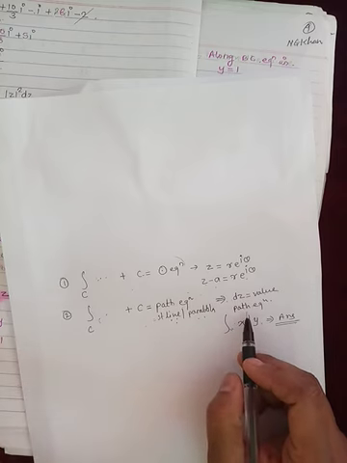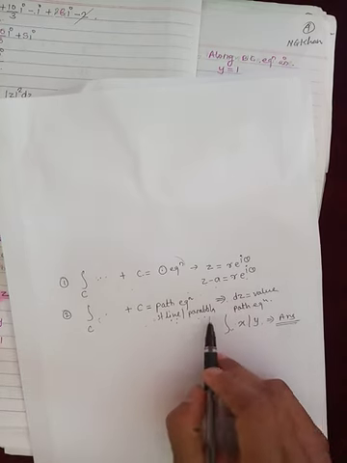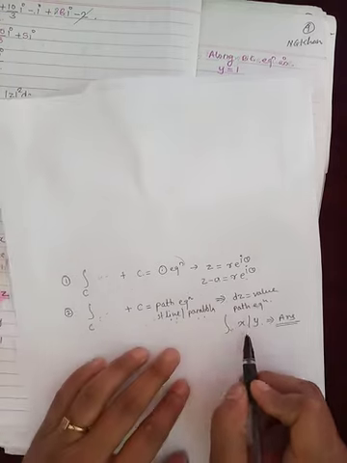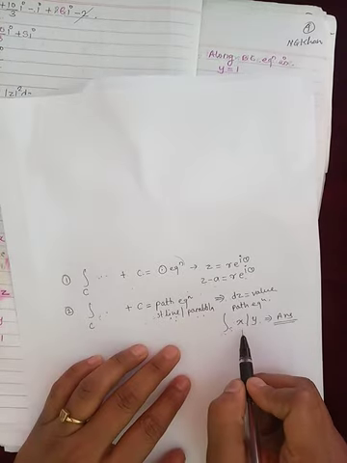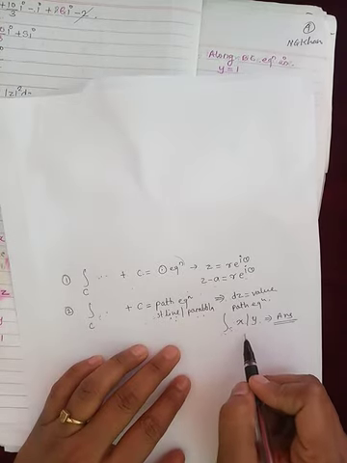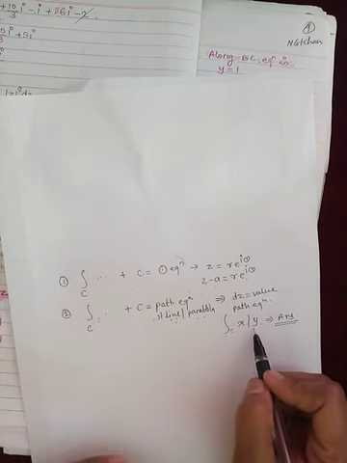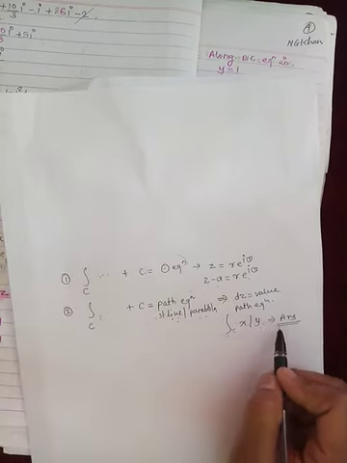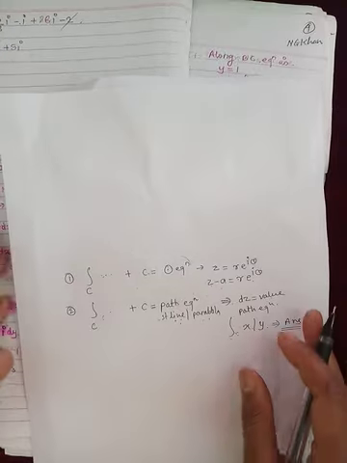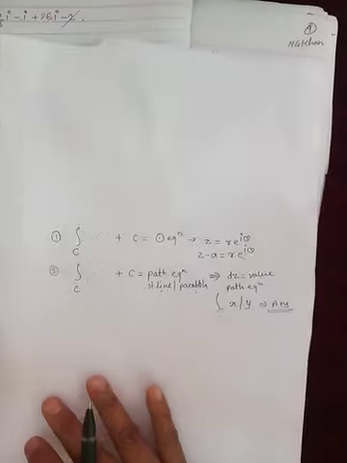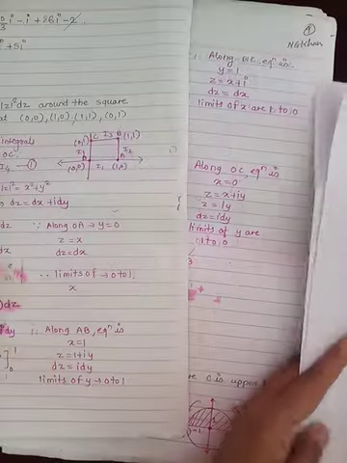For that, we find the equation of the path, the straight line or parabola equation, convert the integration into the x variable or y variable, and solve the integration regularly. We get the required answer. So these two types we have seen in the previous lecture.